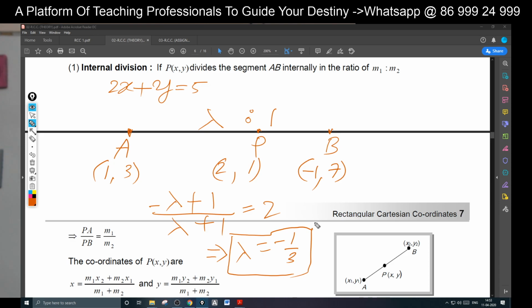According to the ratio we have got, minus 1 by 3, you tell me whether it lies on A side or B side. Can you answer?